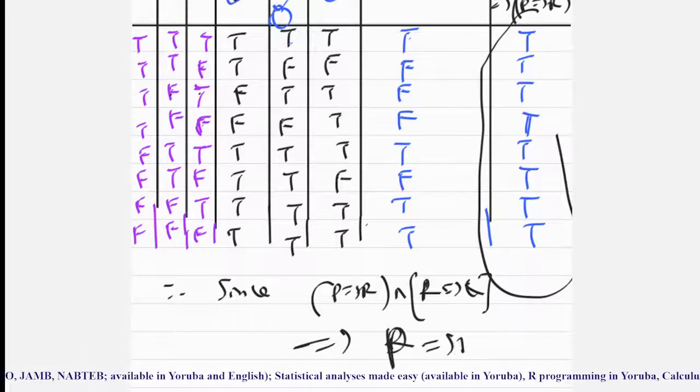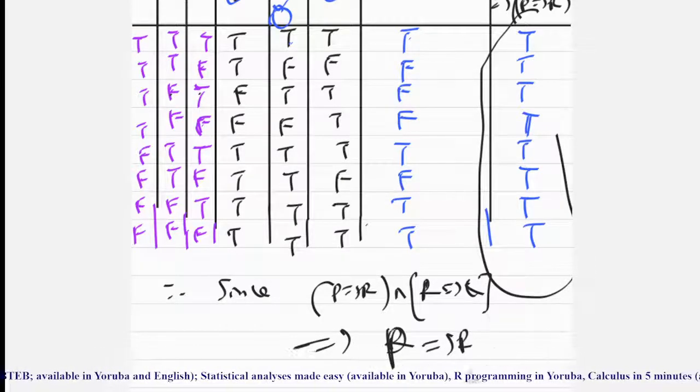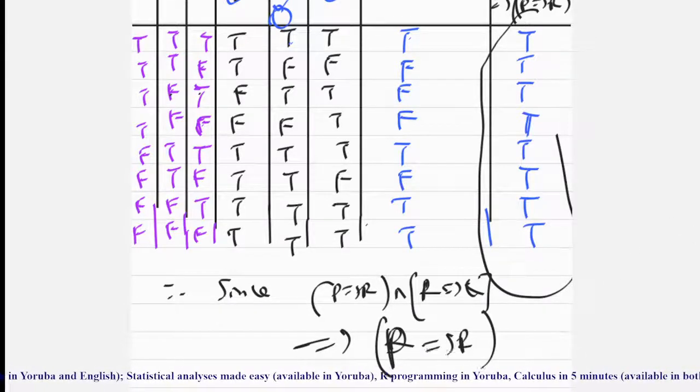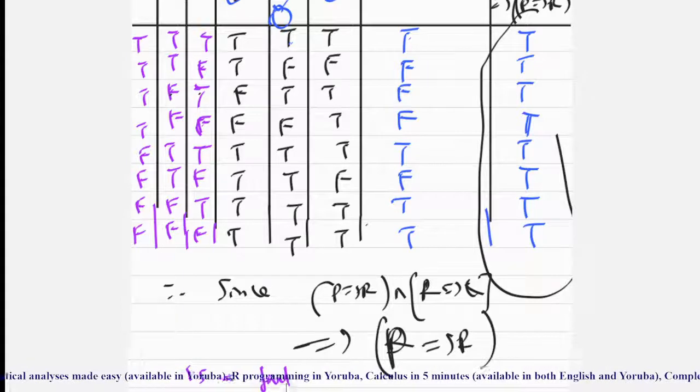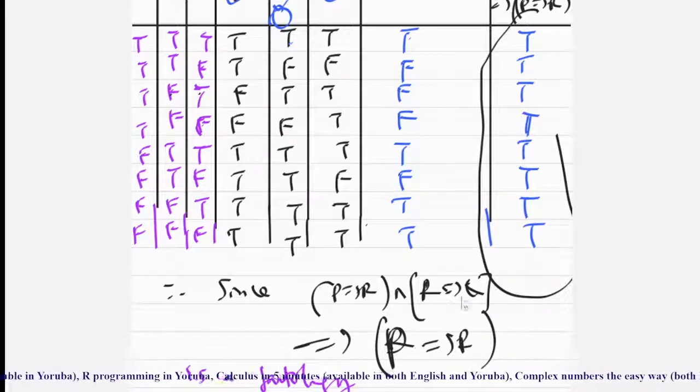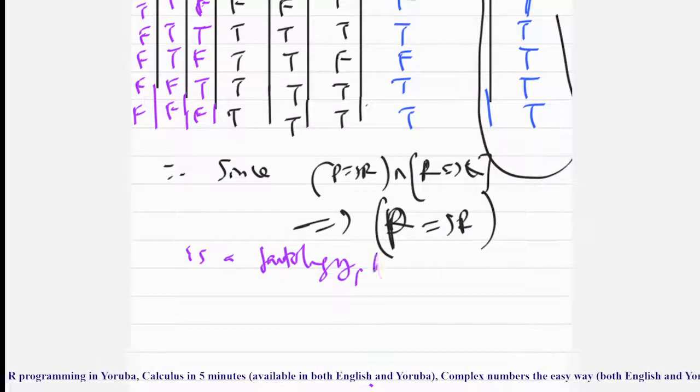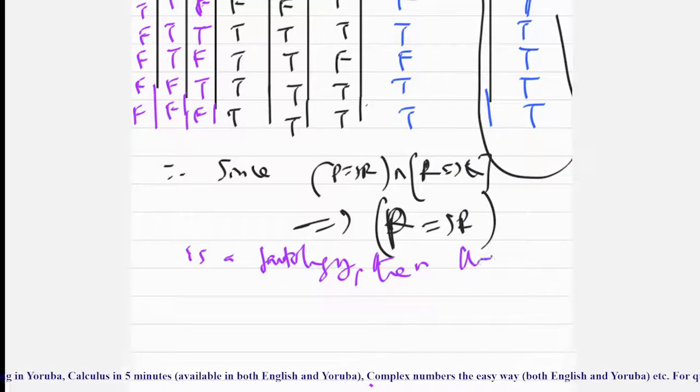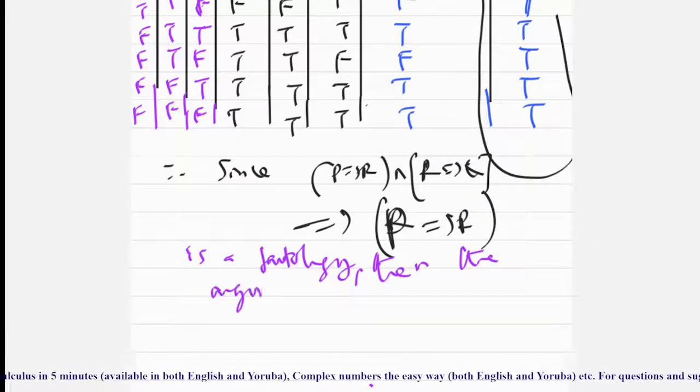P implies R. I hope you understand now. It is a tautology. Then what can you conclude? Then the argument is valid.